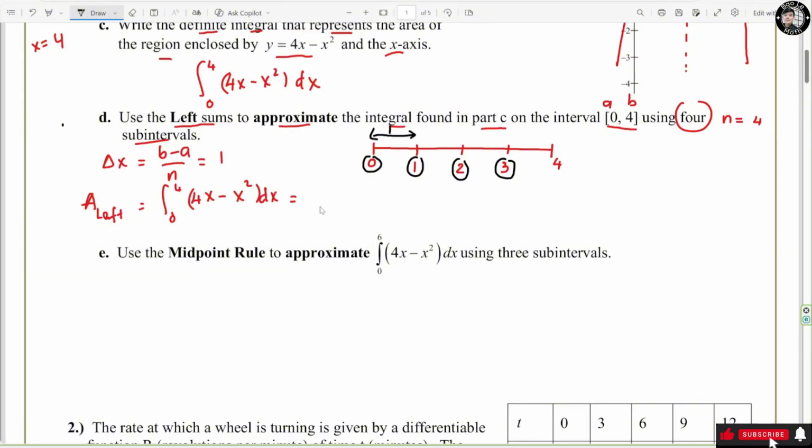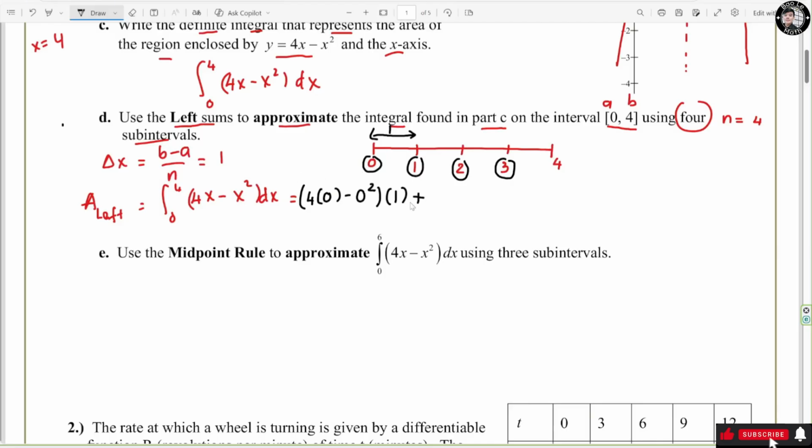So you have 4 times 0 minus 0 squared. This one is the height. Substitute 0 for x over here to find the height, times the width, which is 1. We finished the first one. Plus the second height right here.